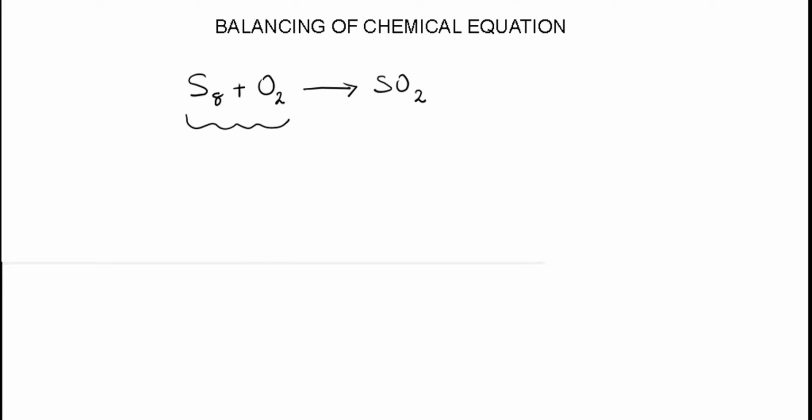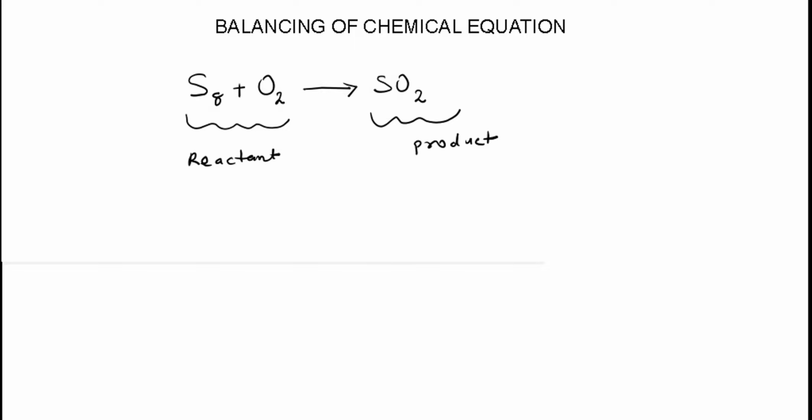This side, we call it the reactant side. Then this side, we call it the product side. So a chemical equation is divided into two parts, the reactant side and the product side.